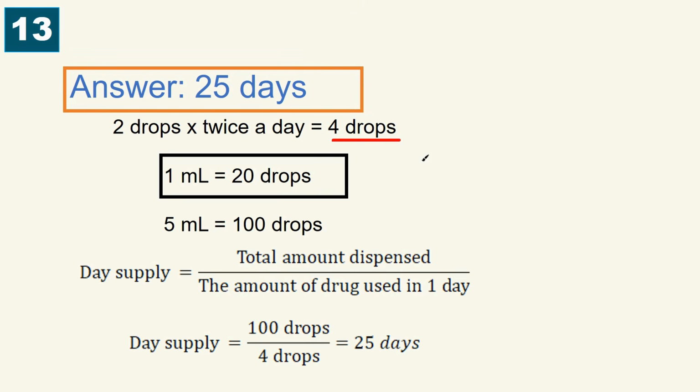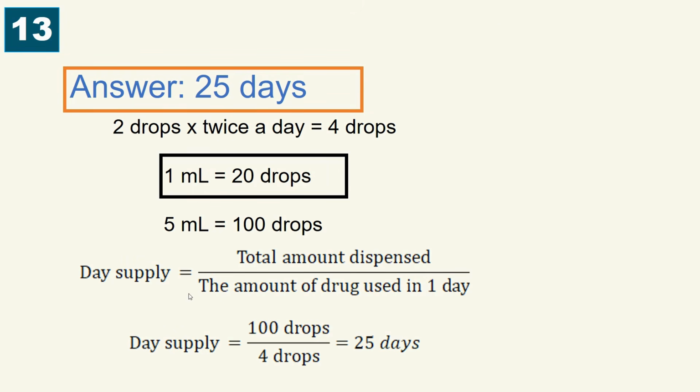That means 4 drops. So 1 milliliter by default has 20 drops. If the question does not specify how many drops in a milliliter, the standard unit is 1 milliliter has 20 drops. So now here we have a bottle size of 5 milliliter. So that means 5 milliliter have 100 drops, because 5 into 20 is 100.